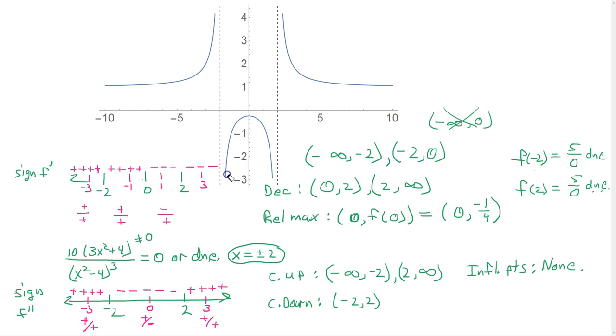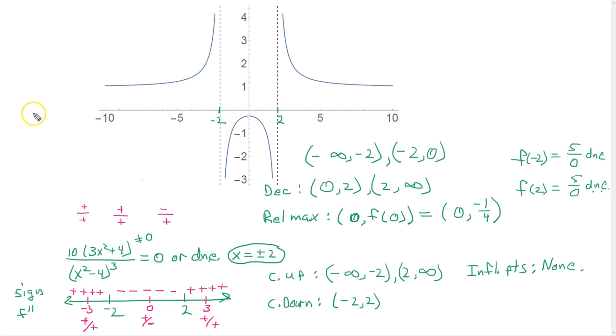Make a little room here. So here's the graph of our function. Notice we have vertical asymptotes at -2 and +2. From -infinity to -2, we are increasing and concave up. And so, yes, this is where we were.